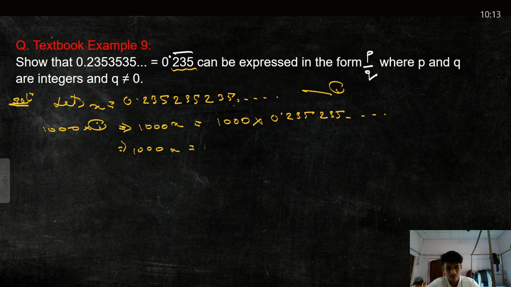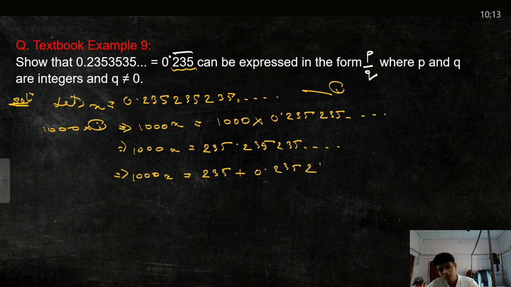That implies 1000x is equal to, now if we multiply by 1000, the decimal will shift 3 digits to the right, 1, 2 and 3. That will become 235.235 bar. That implies 1000x is equal to 235 plus 0.235 bar.